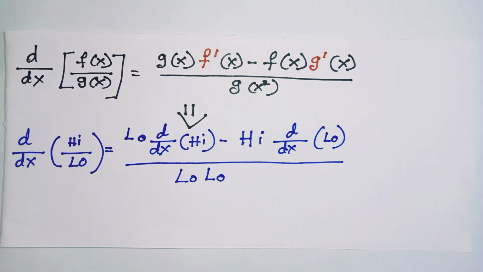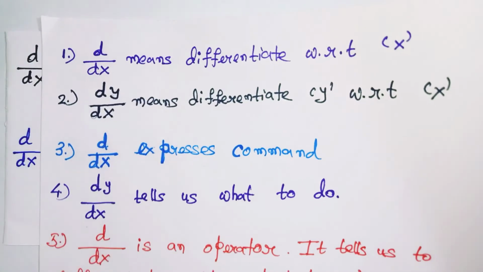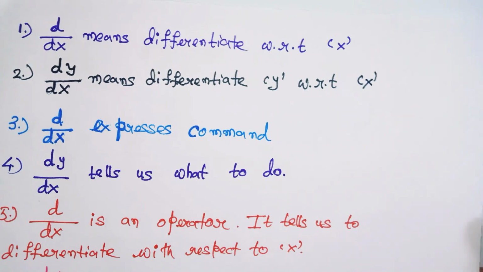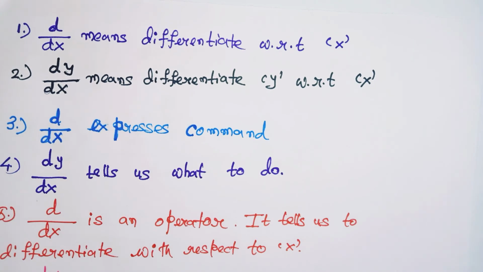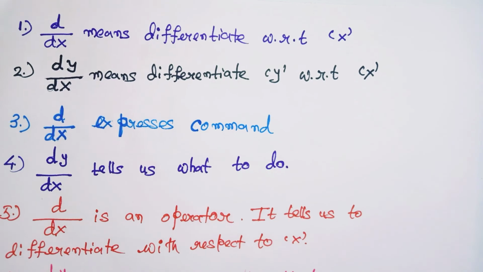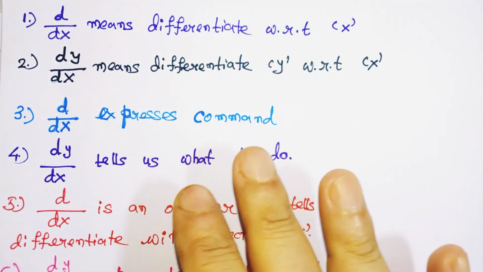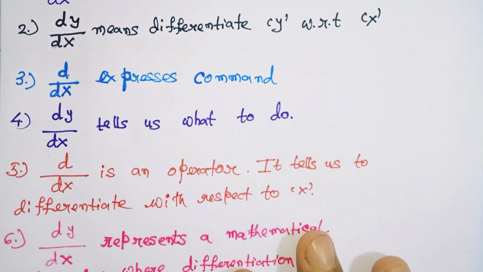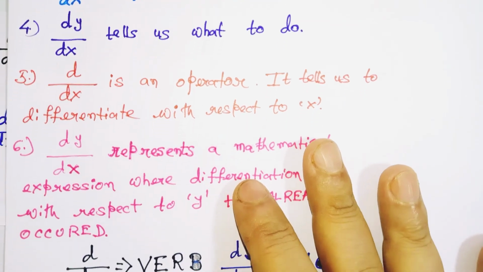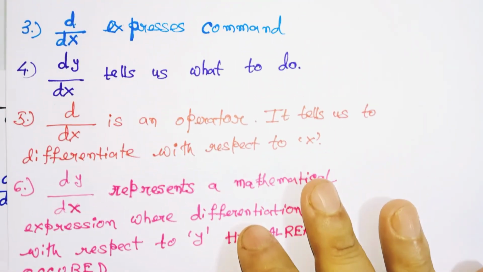Before we wrap up, also for this d by dx part, although I have mentioned earlier, it is worth mentioning, if you want you can have a look into the d by dx differentiation rule, why d by dx and dy by dx is different. So here is a nice kind of a summary which I have made. D by dx with respect to x and dy by dx is basically a kind of a command, and here I have laid down few rules which you will be able to understand.